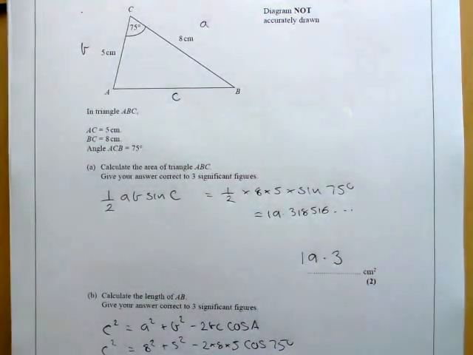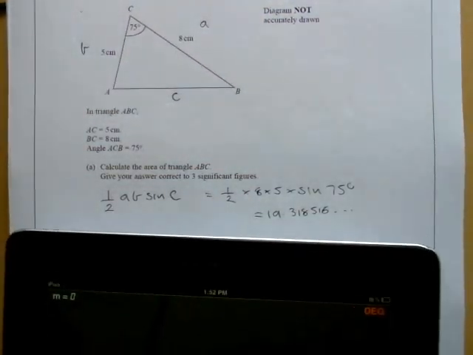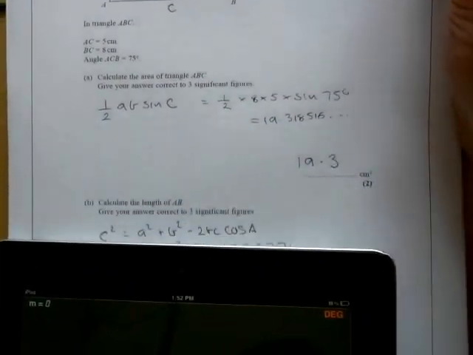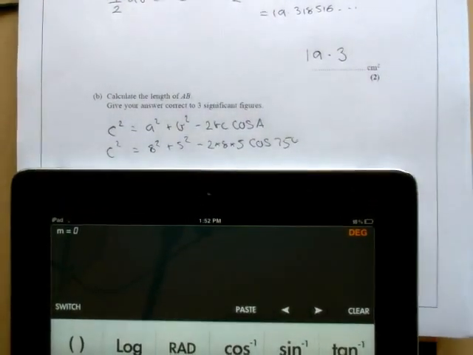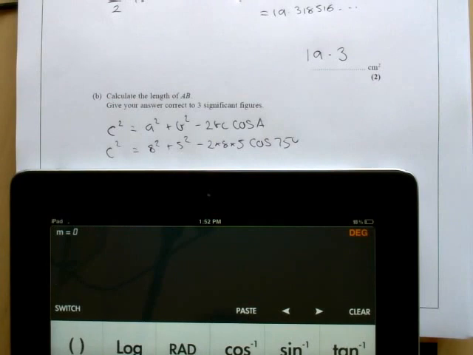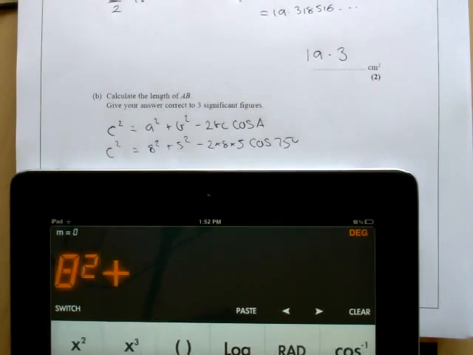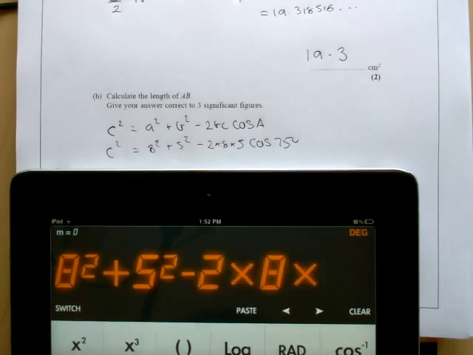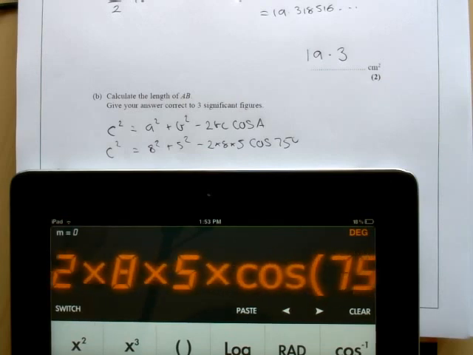So I will now tap that through my calculator. We can pull that up so we can see this: 8 squared plus 5 squared minus 2 times 8 times 5 times cos 75.